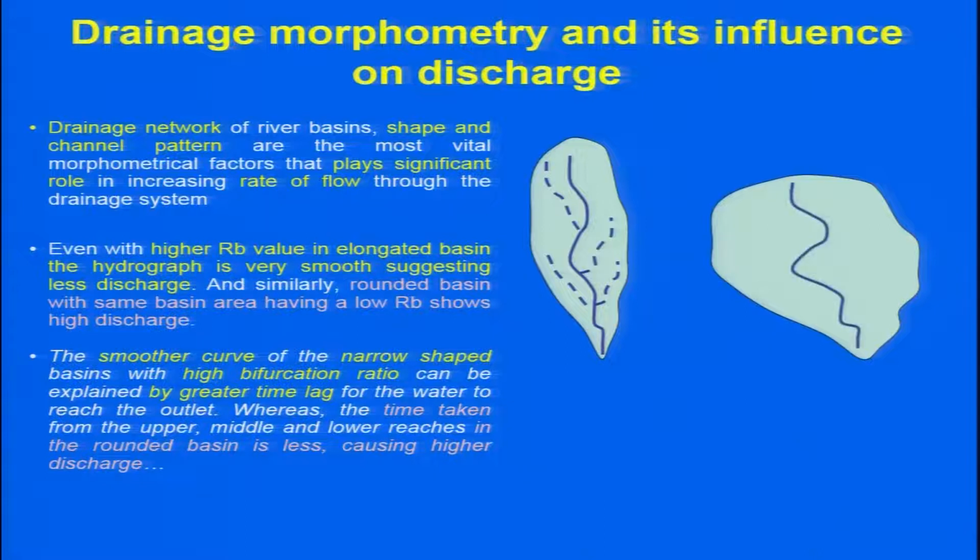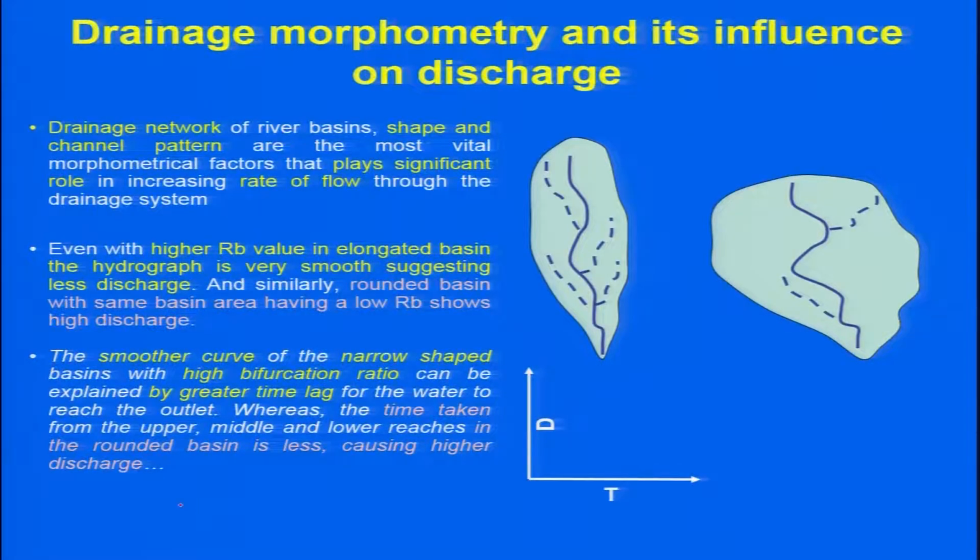And then another one with a similar area, this is just a sketch to explain. What we see here is the rounded basin, with the same basin area, having a low RB value, a low bifurcation ratio, showing high discharge, which is completely opposite to what we learned.